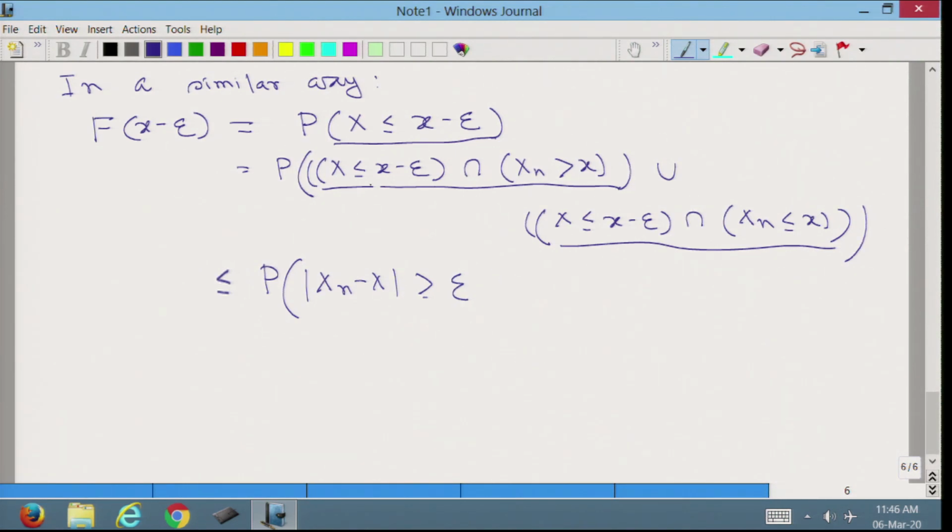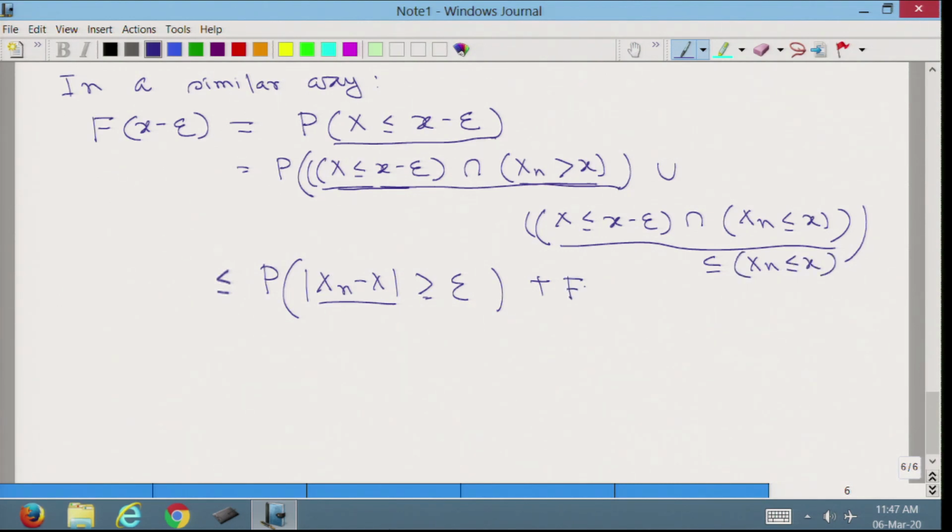Again by a similar logic, x n is greater than x, but x is smaller than x minus epsilon. Therefore, the distance between them is greater than equal to epsilon, plus this whole event is contained in x n less than equal to x.